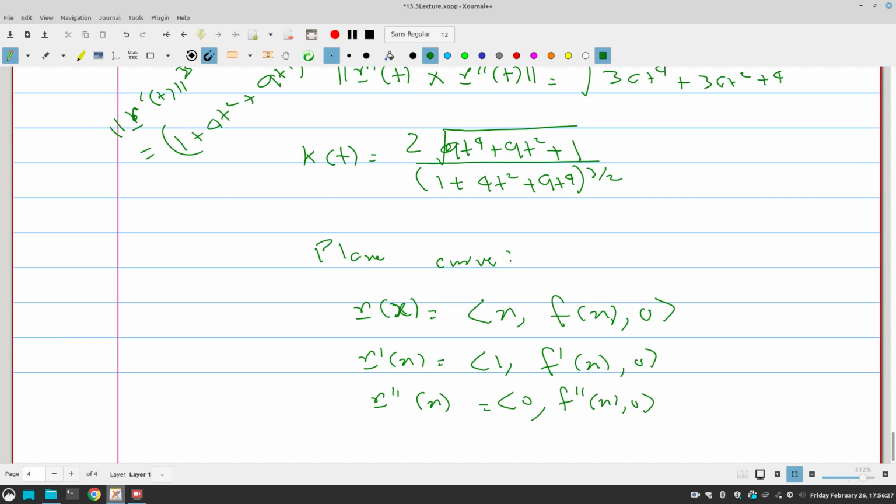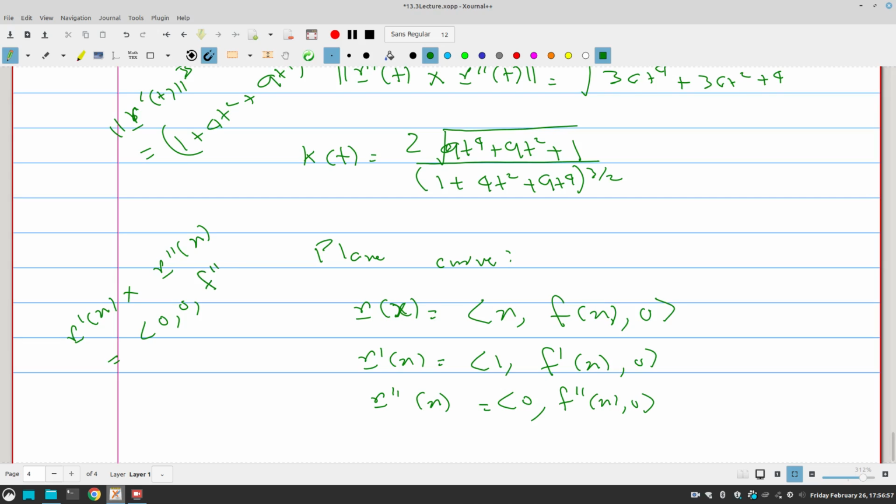So you have r prime x cross r double prime x. This gives you 0, 0, f double prime x.